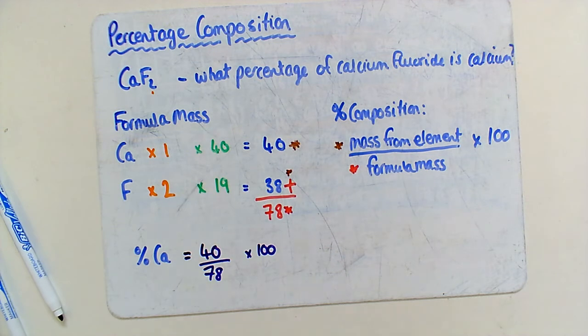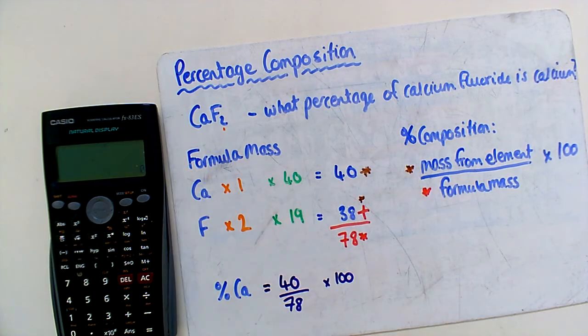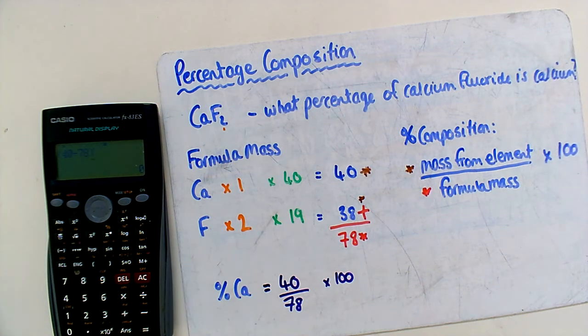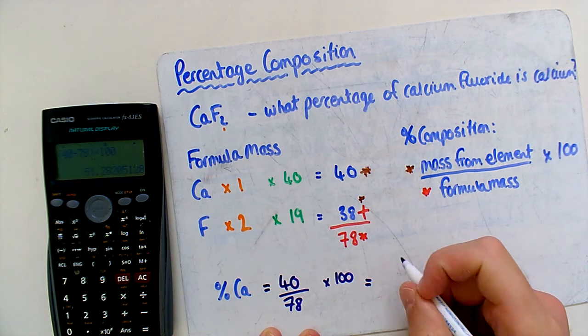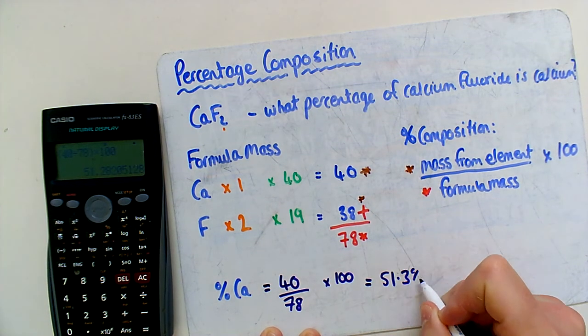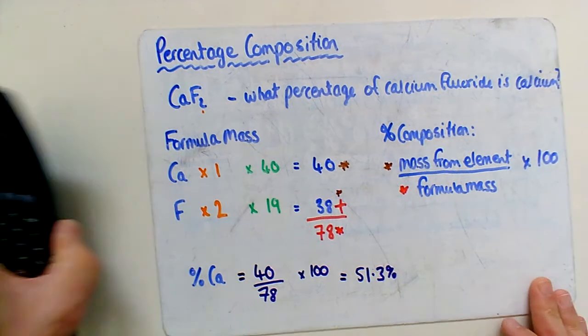So again, it's chemistry. You can use your calculator whenever you want. I've got my calculator here. I've opened my bracket, 40 divided by 78, closed my bracket, and then I multiply it by 100, and that gives me 51.3%, and I've rounded that to 1 decimal place.